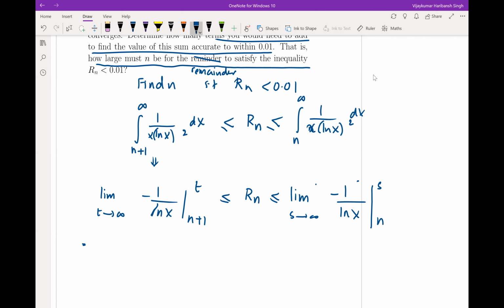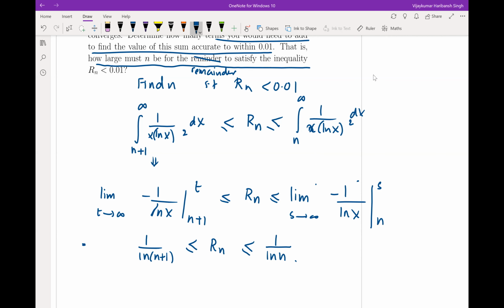If you compute this, it is going to be 1 upon ln of n plus 1 is less than Rn is less than or equal to 1 upon ln n.